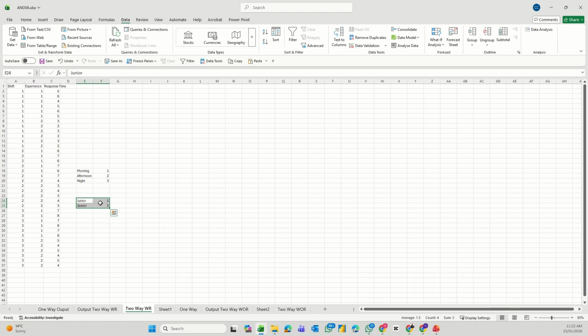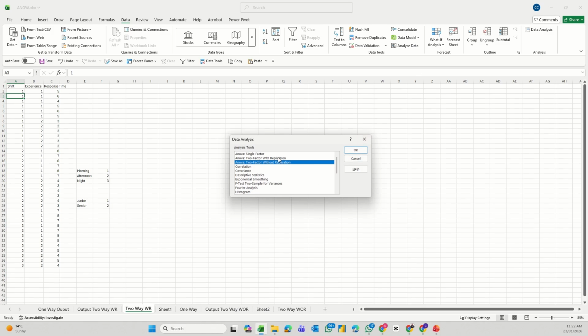Then for junior, I transformed it, 1 for junior and 2 for senior, because your ANOVA cannot read text values, at least in the software we are using, which is Excel. So now let's go with replication.